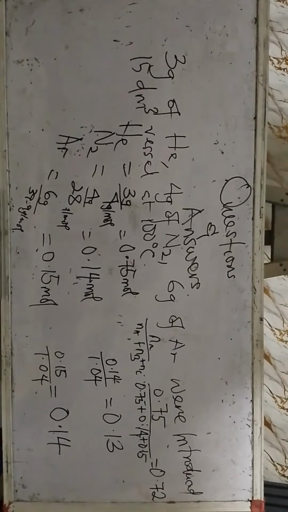How do you calculate partial pressure? Using your ideal gas equation, which says PV equals nRT. So you calculate partial pressure for each of them. Your N, you have already calculated.